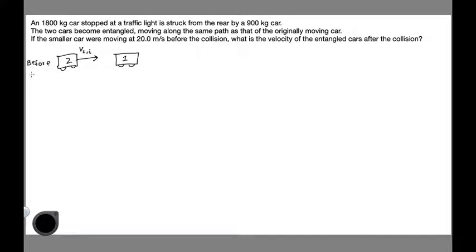And now, after the collision, the cars are stuck together. So this is car 2, and this is car 1.